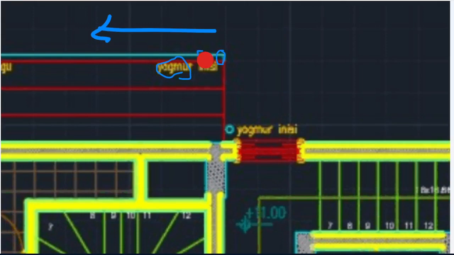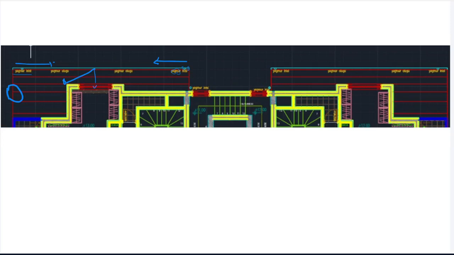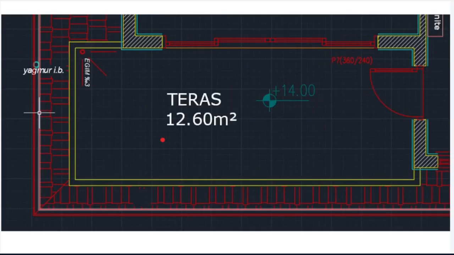If you have any information, please add those information here. And gutter, 3% of the slope. And those, don't forget, most of the time in your toilet and your balconies, they are suggesting 1.5%.